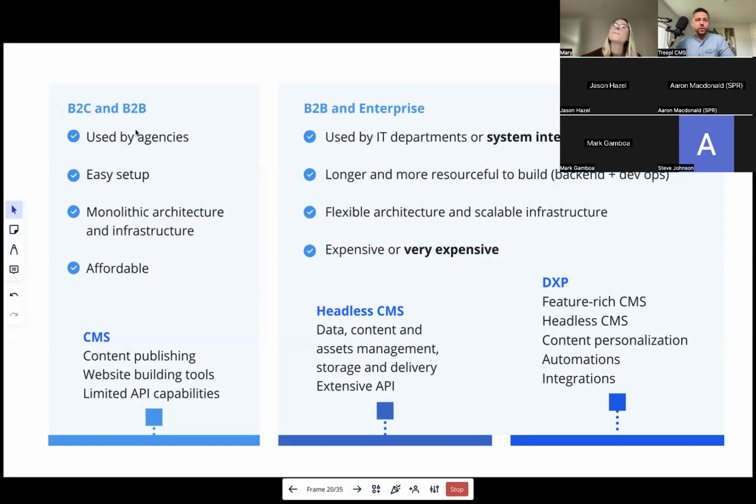Now, some key factors about each of these. So B2C CMSs are used by agencies, and they have easy setup. They have monolithic architecture and infrastructure, and they're affordable. They're easy to work with, and it's the easiest start.